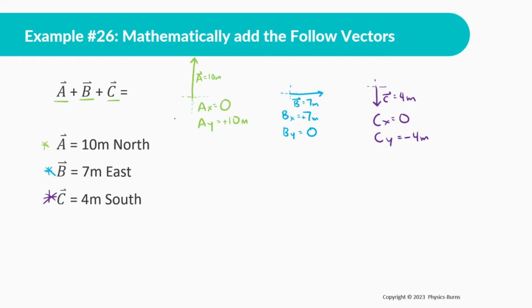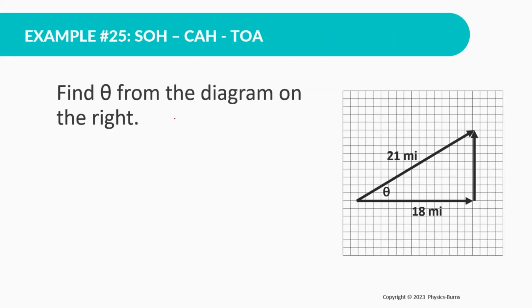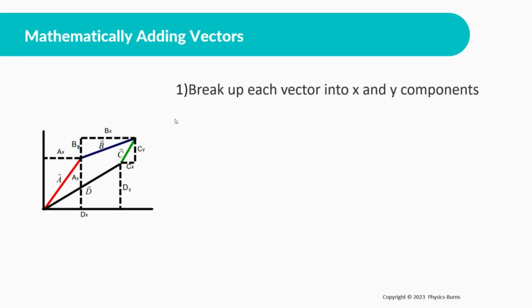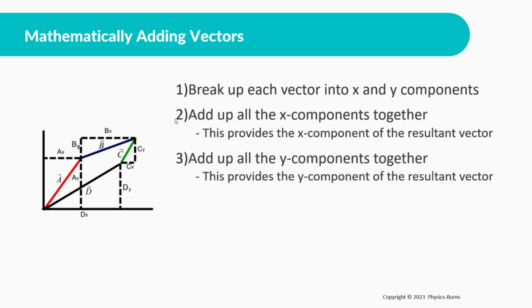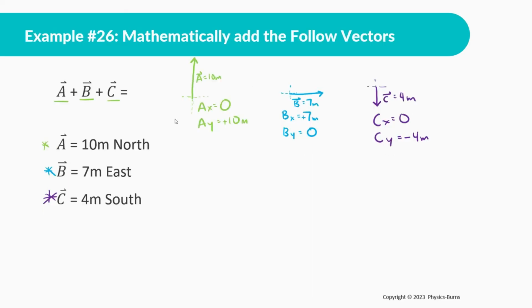Okay, the next thing that I'm going to do, maybe I'll do this in red. If we look back, the first step was to break up each vector into x and y components. Check. Next is to add up all the x components together, which provides the x component of the resultant vector, and add up all the y components together, which provides the y component. So let's do that. I'm going to find the resultant vector in the x direction.